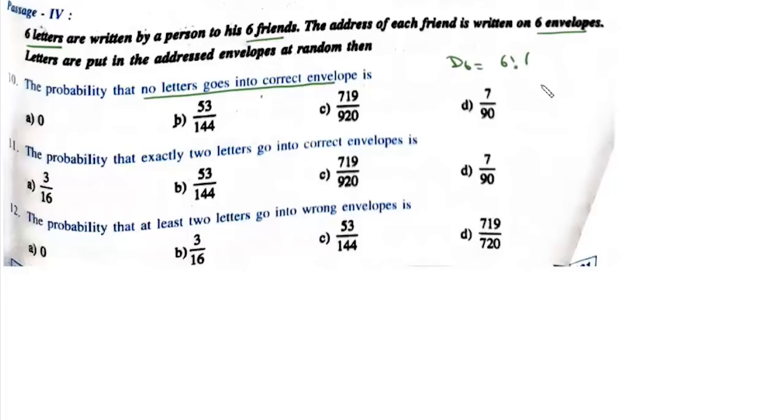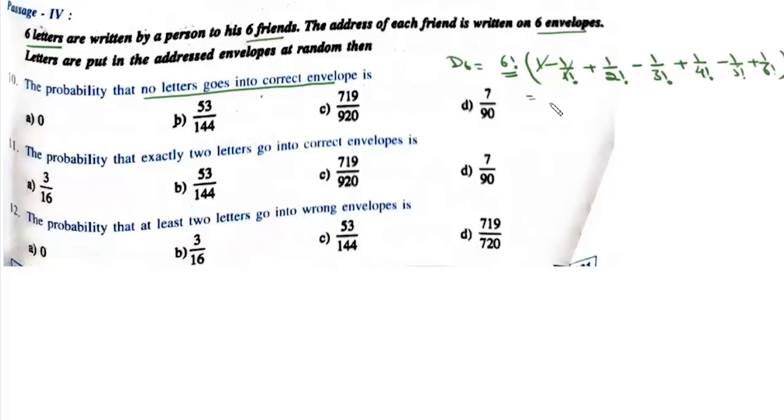Now this is factorial 6 into 1 minus 1 upon factorial 1 plus 1 upon factorial 2 minus 1 upon factorial 3 plus 1 upon factorial 4 minus 1 upon factorial 5 plus 1 upon factorial 6. Now it will cancel. Factorial 6 is 720.